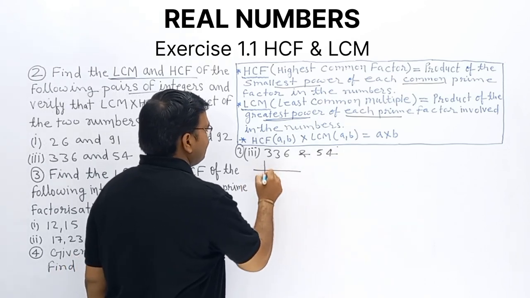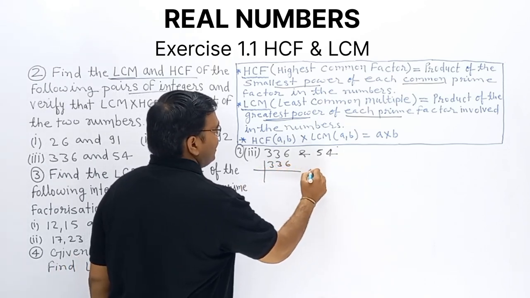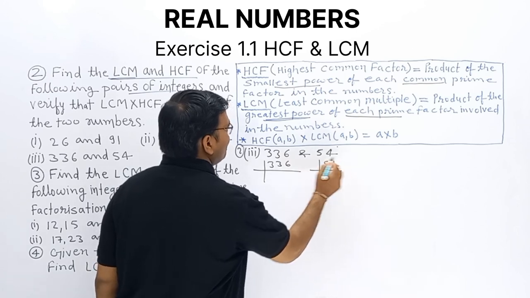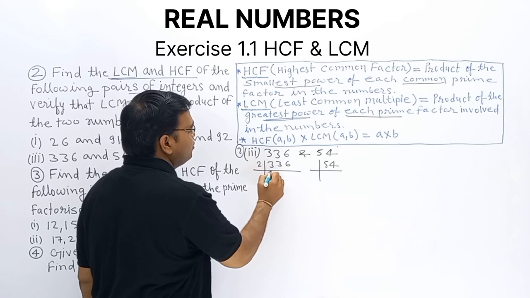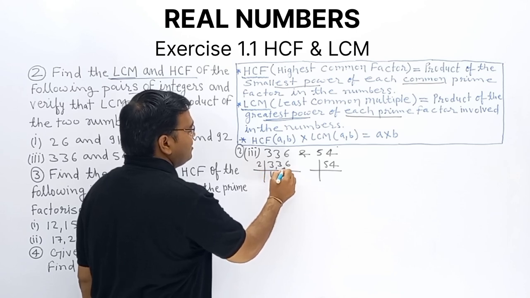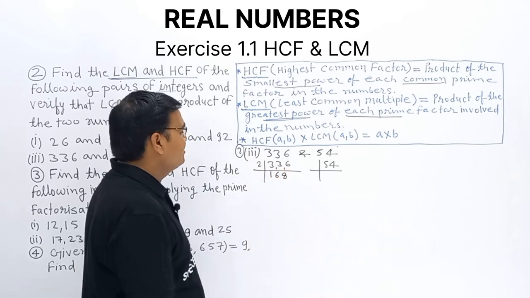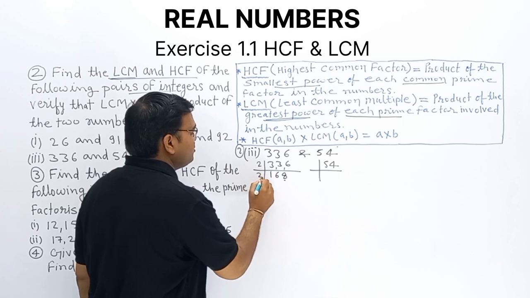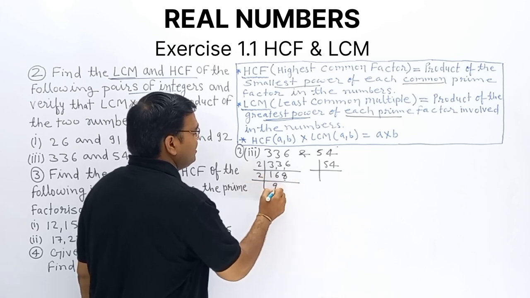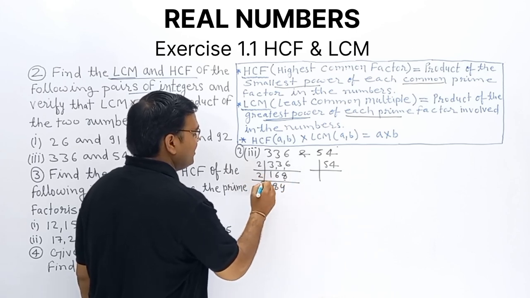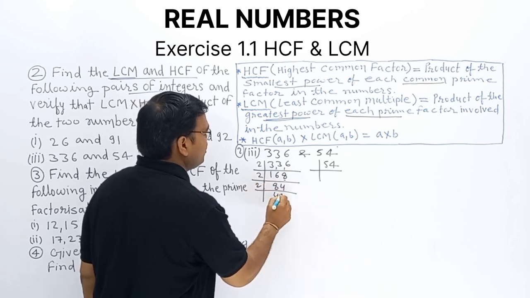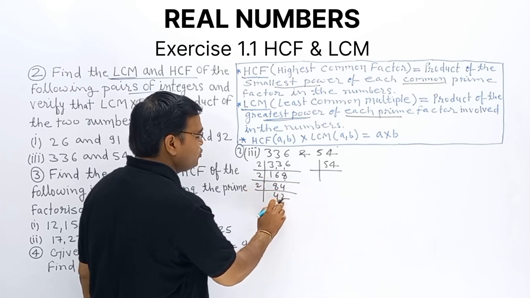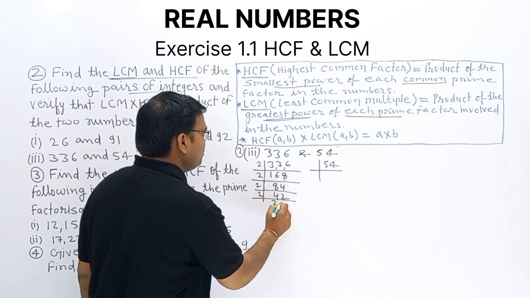Do the prime factorization of 336 and 54. First I am doing this one. The unit place has 6, so it is divisible by 2: 168. Clear? Again the unit place is 8, so it is divisible by 2: 84. The unit place is 4, so it is divisible by 2: 42. Again the unit place is 2, so it is divisible by 2: 21.